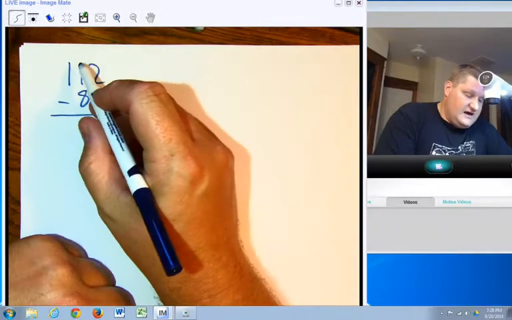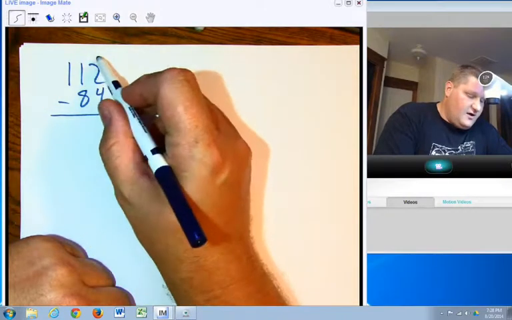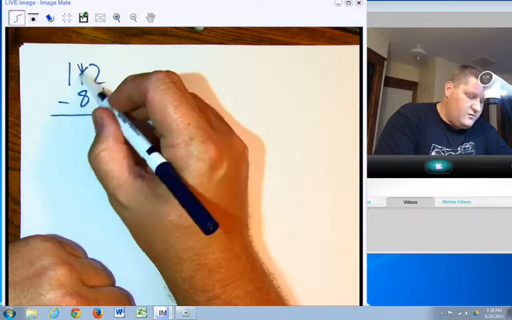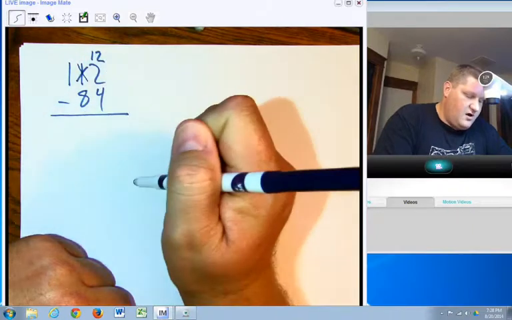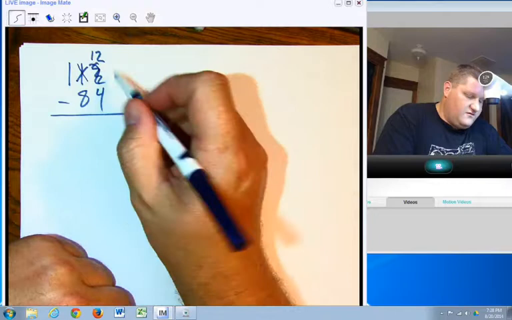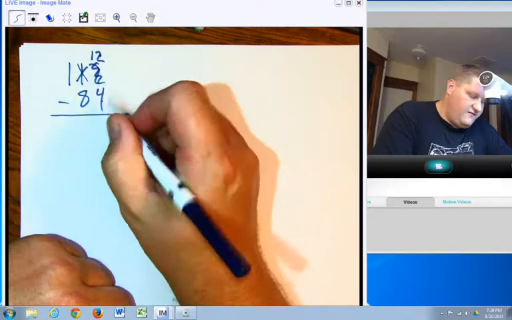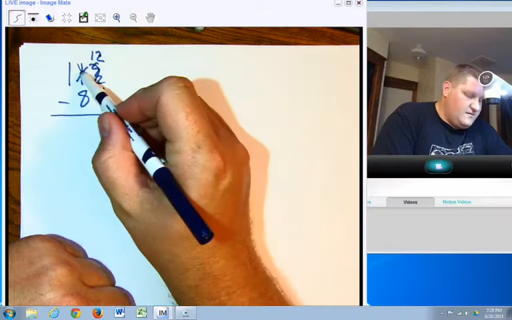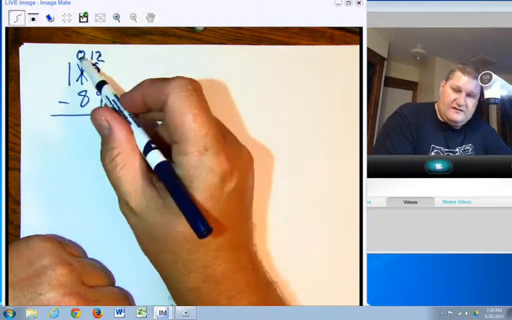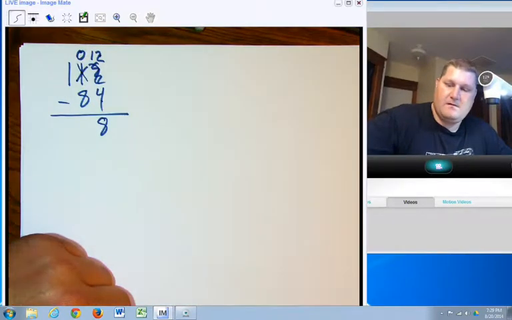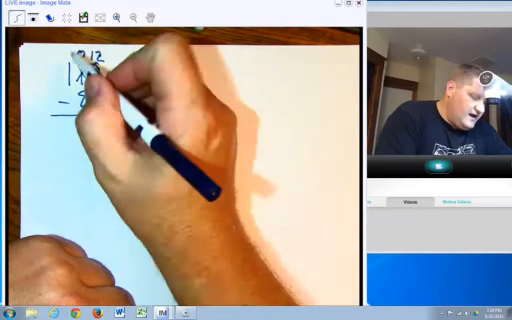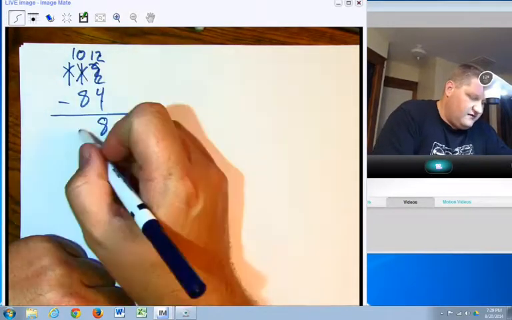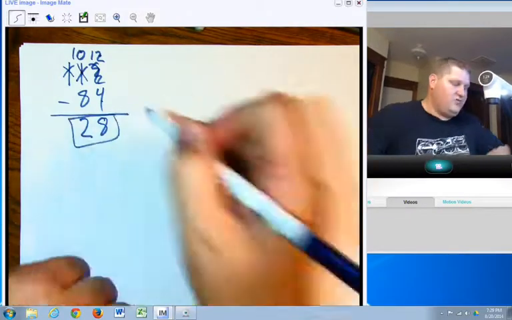I only have 2, but if I borrow this one, I can make it 12. So instead of 2, I have 12. 12 take away 4, 8. I've already borrowed 1, leaving me nothing. Well, I can't take nothing minus 8, so I have to borrow again, or regroup, and I have 10 minus 8 is 2. I come up with 28.